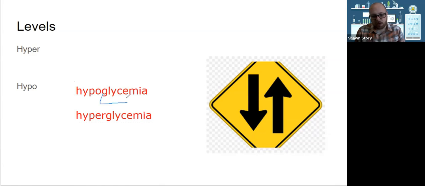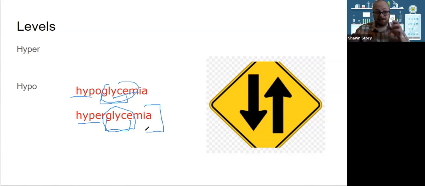Like glucose. Sugar. So we see the sugar in glucose. Hypo meaning below, so the sugar level is too low. Hyper, the sugar level is too high. We see someone that's very hyperactive, bouncing off the walls. Here they're passing out, very inactive.